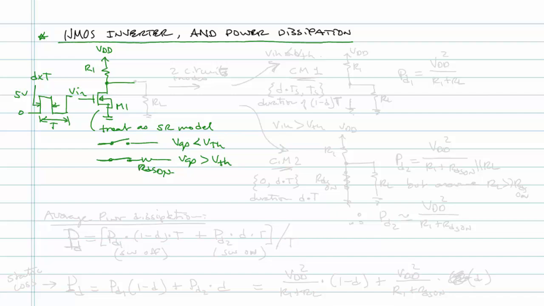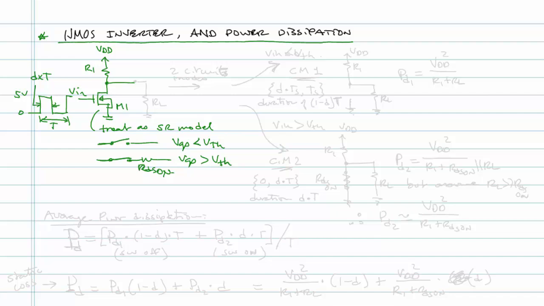So D ranges between 0 and 100%. If it's a square wave, then the duty cycle would be 50%, and we'd have half of our period up at 5 volts and half the period down at 0 volts. So we're going to drive our inverter, or our MOSFET, with this square wave. What we'll get at the output is going to be the inverted version of that.